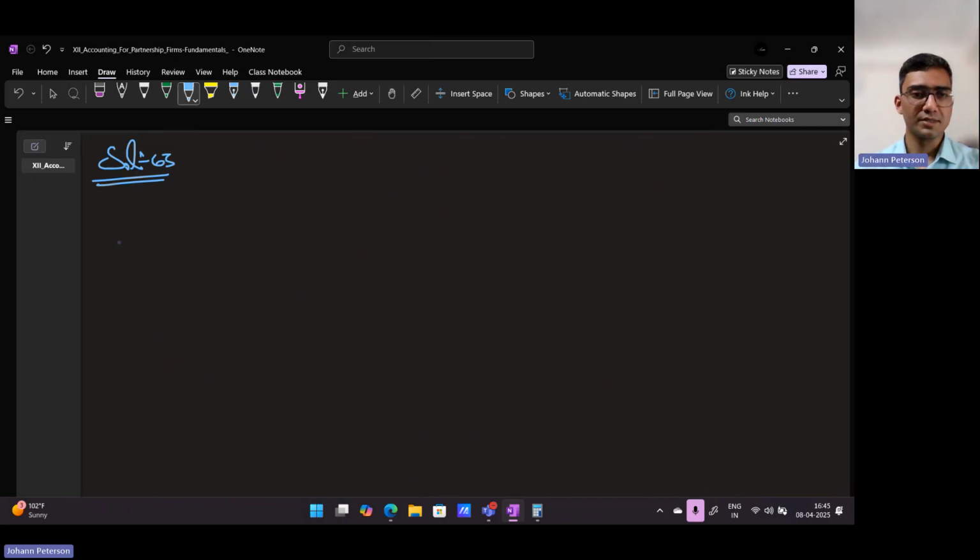Okay, so we'll solve it in the same way. It says to write the adjustment entry. So in our working note, we will make the partner's capital account.